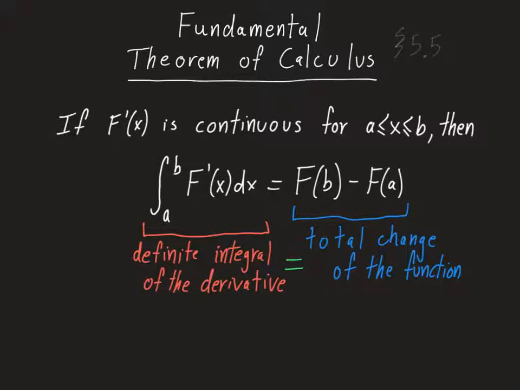In more plain English, what this is telling you, I've already written this out in red and in blue below, is that the definite integral of the derivative of a function is equal to the total change of the function.